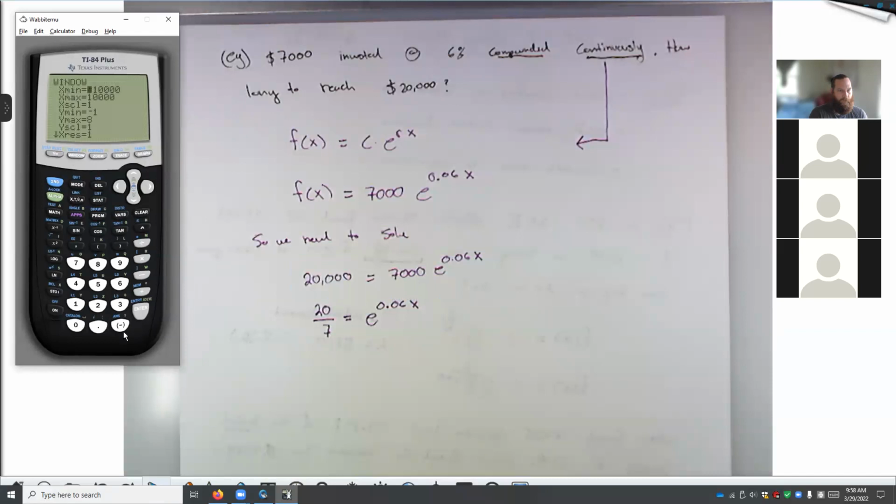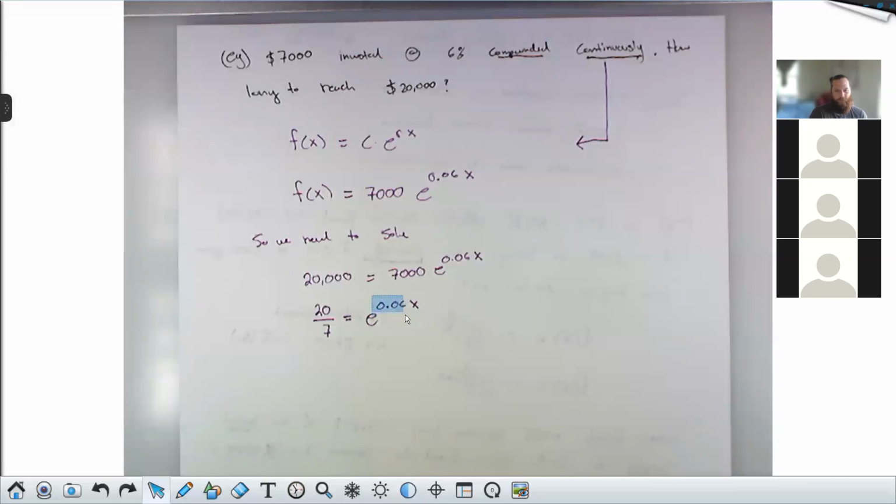I'll play with my window settings again. This is not likely the necessary window setting for this, so let's go back to the standard window to start and see what the picture looks like. Here she is. Again, it's a fairly slow growing exponential, the 0.06 slowing down the growth.